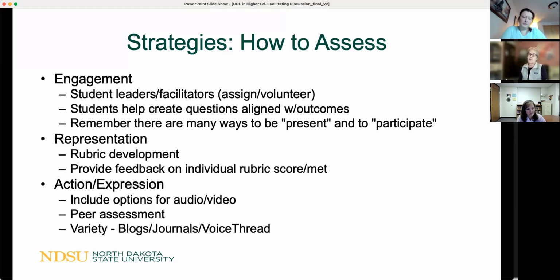Representation: how are you presenting this content so that they understand what's expected? Rubrics are really important with so many assignments, but especially with discussions. Have the students help put the rubric together so they understand what each one of the categories means.